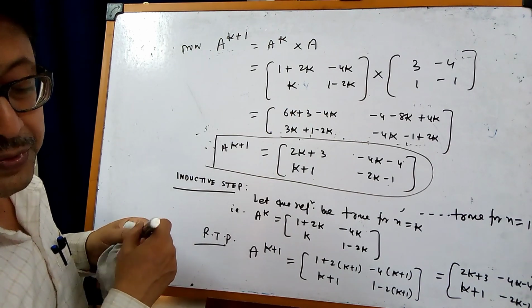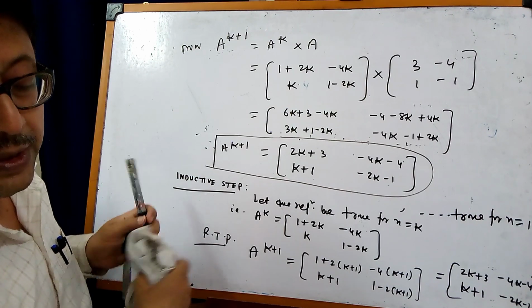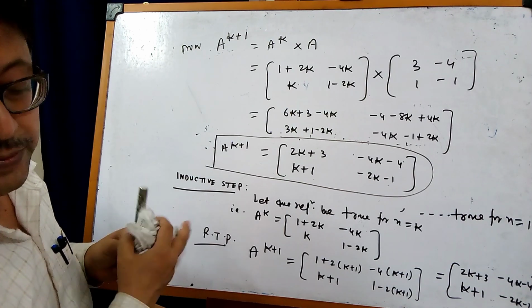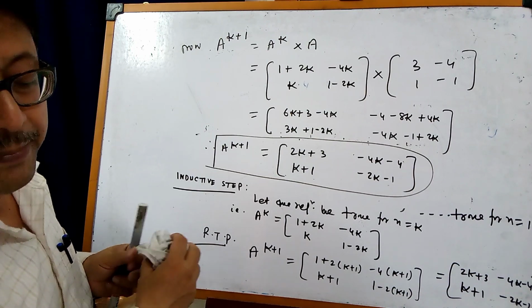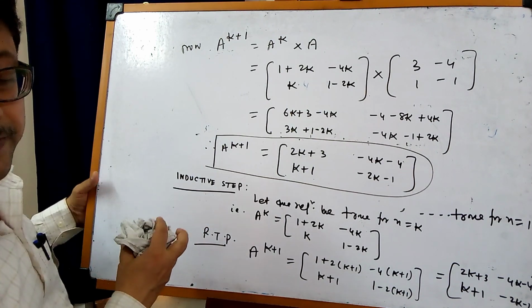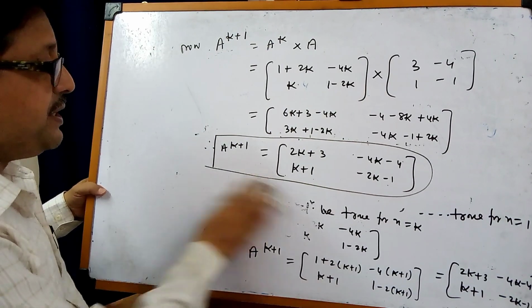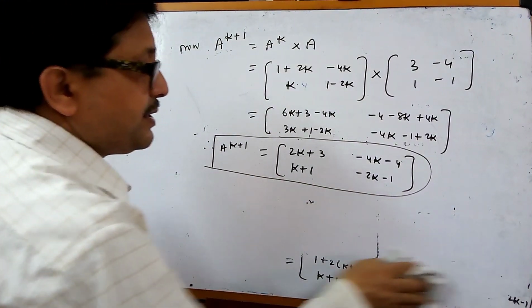We are going to do a few sums here. Let us do number 4. After 3, let us do number 4. If A and B are symmetric matrices, prove that AB minus BA is skew symmetric.